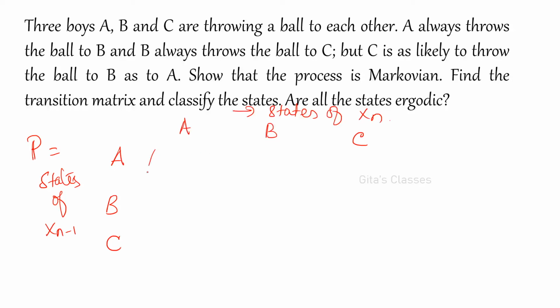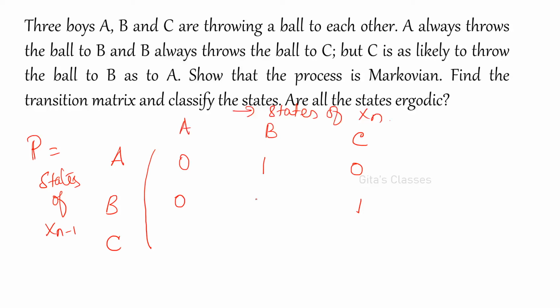Okay. A is always throwing the ball to B only. So it can throw only to B. It is not keeping it to itself. So A to C is 0. A is not at all throwing to C, right? Now the second boy B, he is always throwing the ball to C only. He cannot throw to A, so 0.